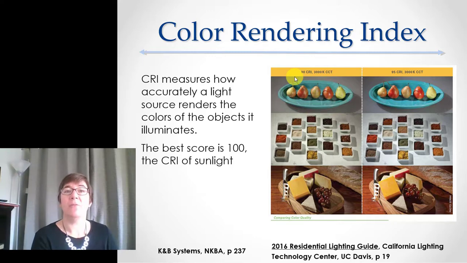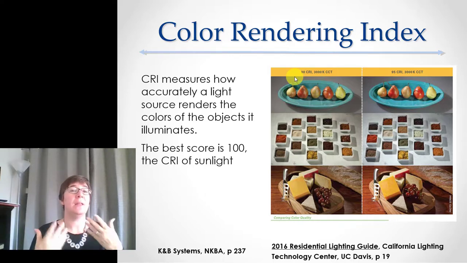So CRI measures how accurately a light source renders the color of the object it illuminates. And it's on a scale of, well, 0 to 100. And 100 is defined as the color rendering index of sunlight. Why?